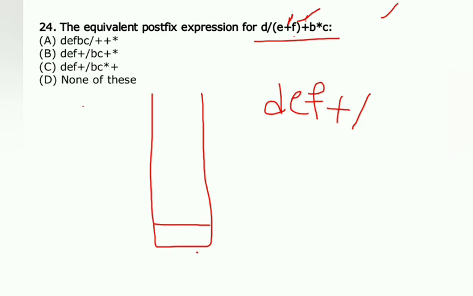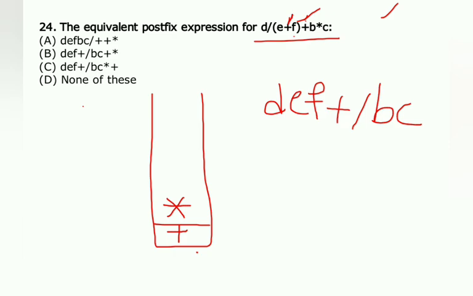So now we will push the addition operator into the stack. Next one is the B. So B is written here, and the multiplication operator. So multiplication operator is inserted into the stack. Okay. So next one is the C. B, C. So now there are no other elements here, right?